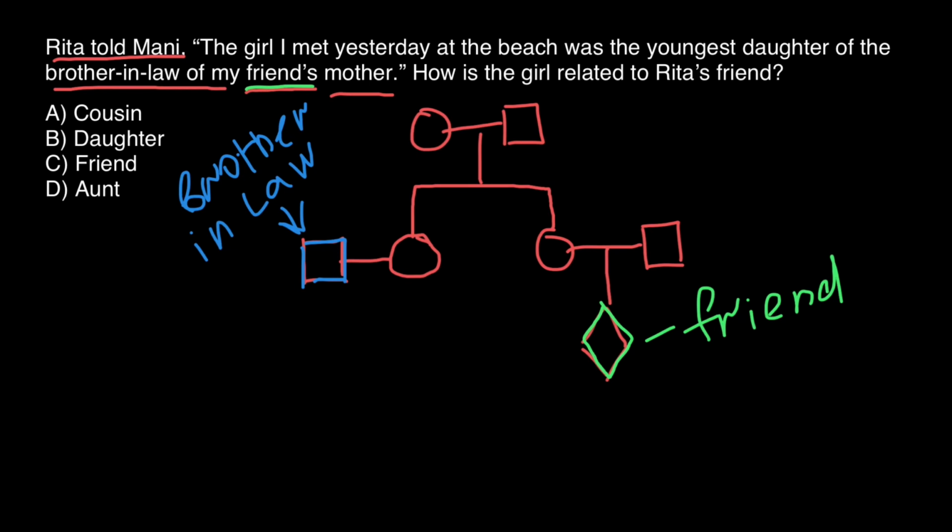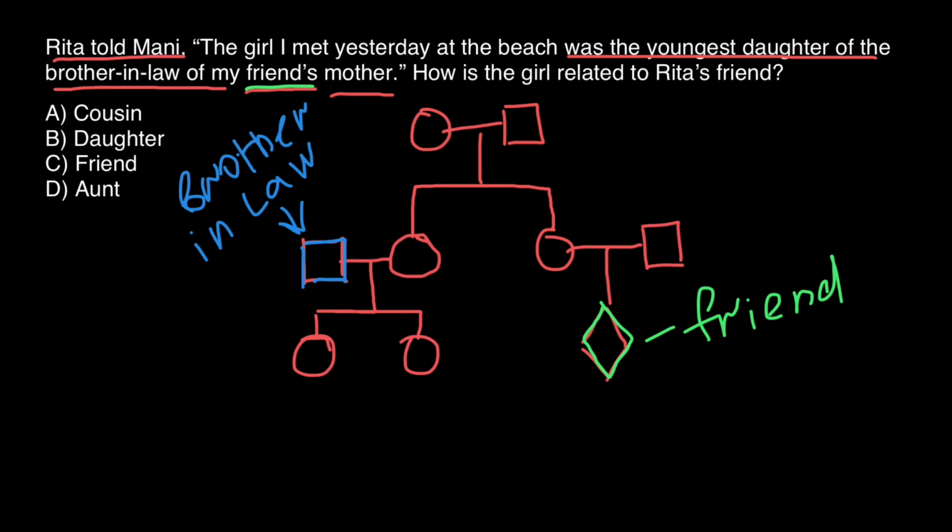Now let's read again. The girl I met yesterday at the beach, and from this point, let me underline, was the youngest daughter of the brother-in-law. So we already found the brother-in-law, and that girl is the youngest daughter. That means there are at least two girls in the family, and if we count from left to right, this is going to be the youngest girl.